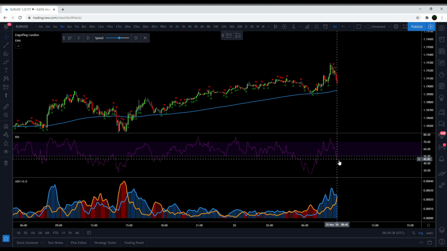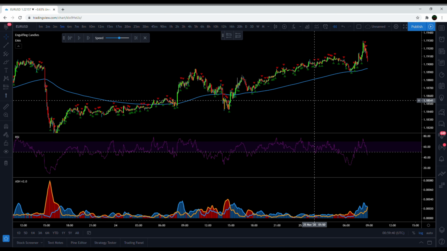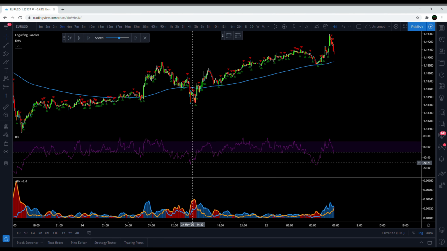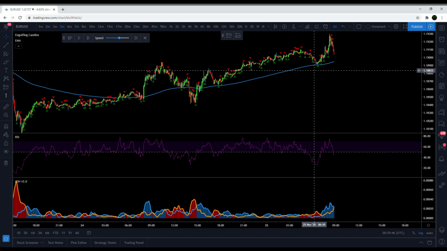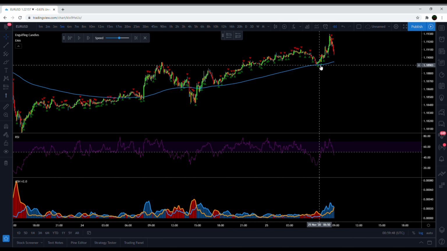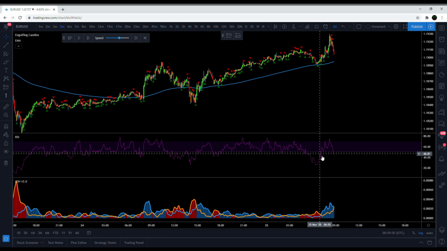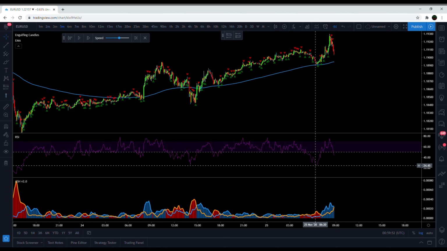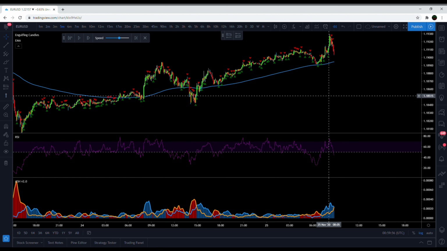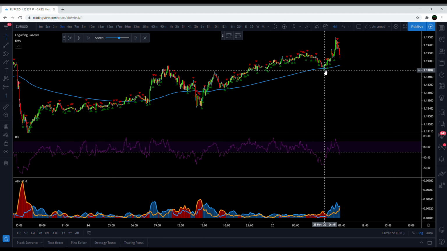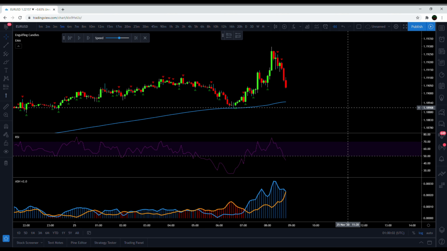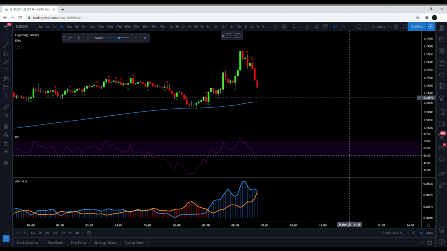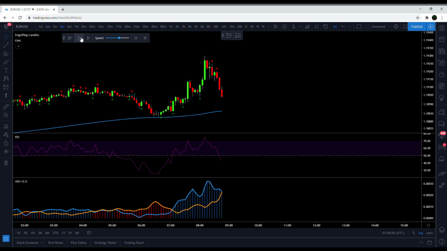Does not look like it's going to have any hidden divergence. Did get hidden divergence right here, so we would have gotten a nice buy signal out of this one, since the RSI came all the way down here, much lower than any of these previous lows over here. So good hidden divergence for this buy signal right here. Now let's start the bar replay feature and see if I can pull any good trades out of this.